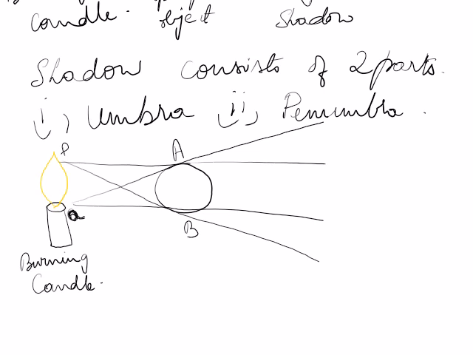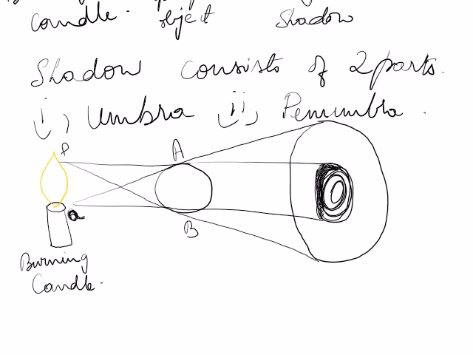So now this part of the shadow formed is very dark, and this part of the shadow formed is light because some light rays are reaching this area. So this dark part is called the umbra. This is the central dark portion where no light is reaching. This is absolutely dark.